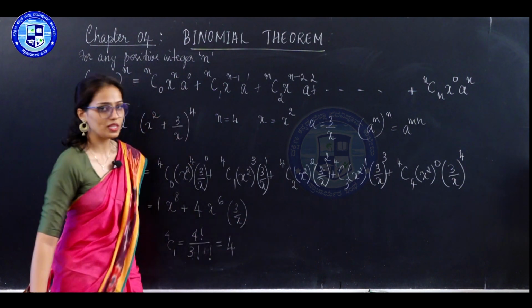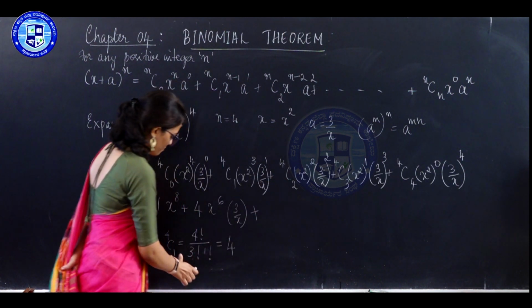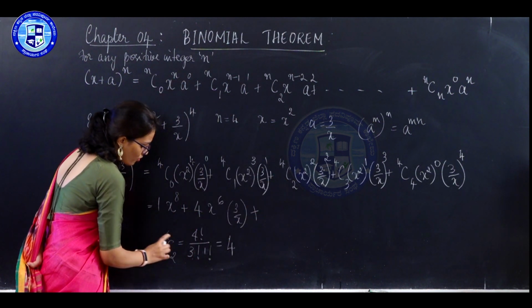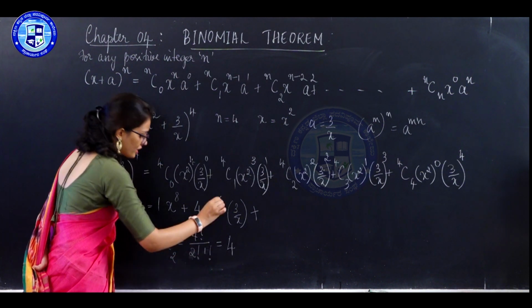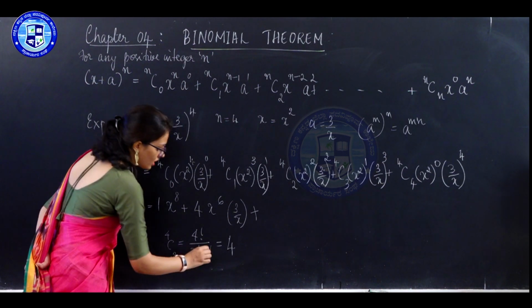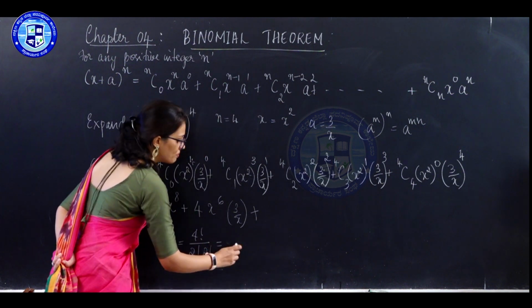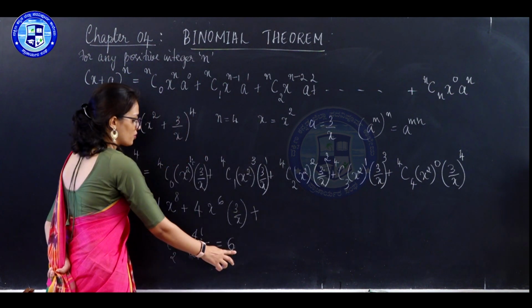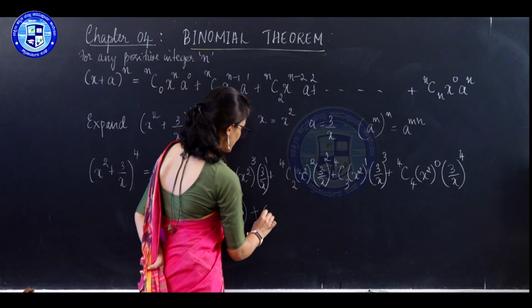So 3 by x will remain, plus 4C2. What happens to 4C2? 4C2 is equal to 4 factorial, (4 minus 2) that is 2 factorial into r factorial, that is 2 factorial. Our answer will be equal to 6. So we have the coefficient here, 4C2 is equal to 6.